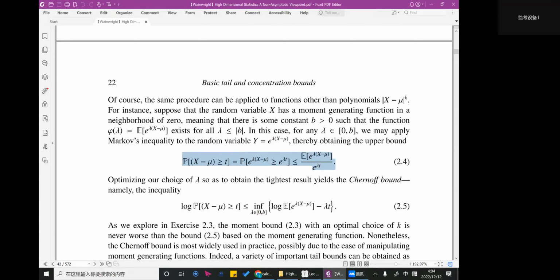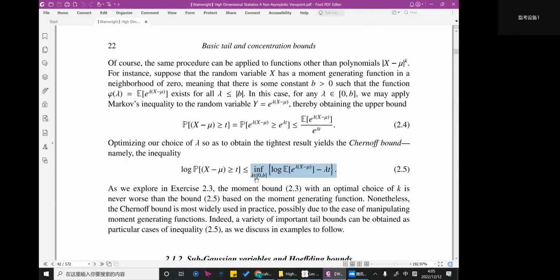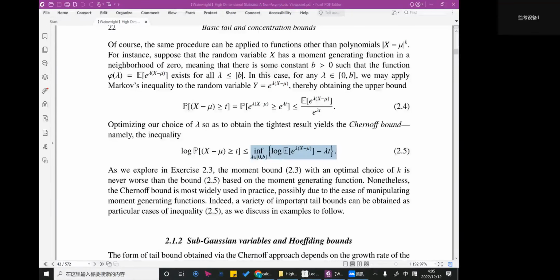So we optimize our choice of lambda to get the tightest result, which is the so-called Chernoff bound, like this. Here the author takes the log, and we find the minimal value of this when lambda belongs to this range, which guarantees that the moment generating function exists.